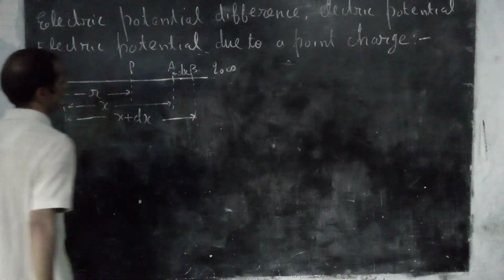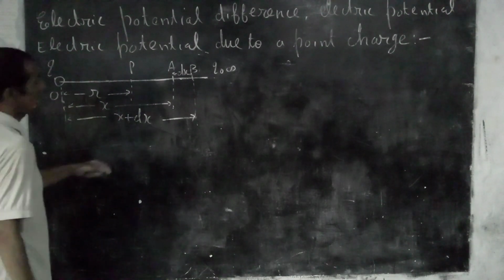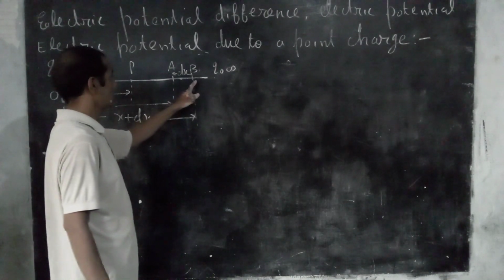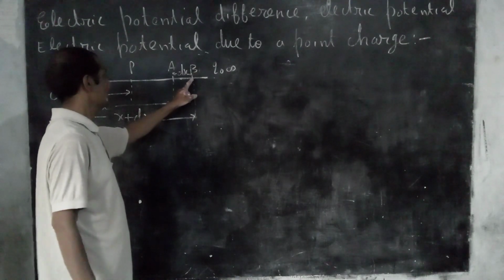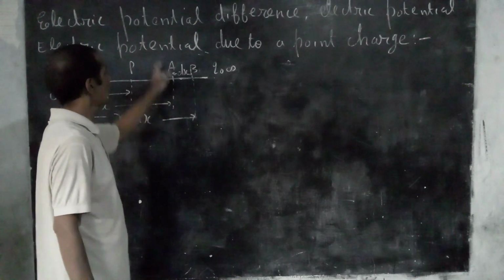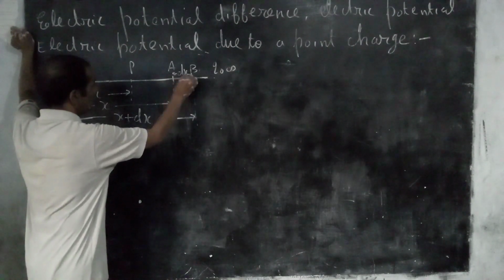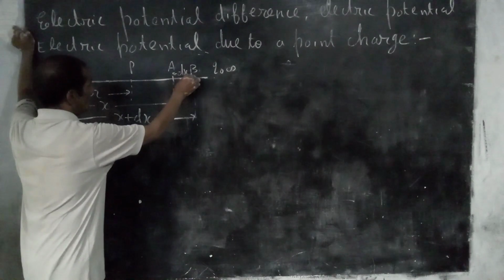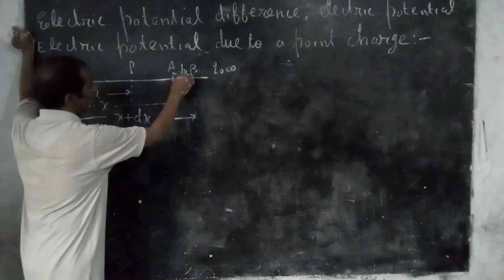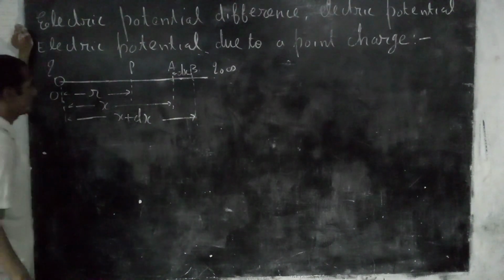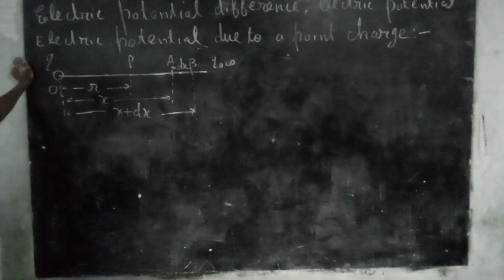Then we find the amount of work required to bring test charge Q0 from B to A. ds is so small that the force at A and B and between AB is the same. Electrostatic force depends on distance, as it varies as the reciprocal square of distance.